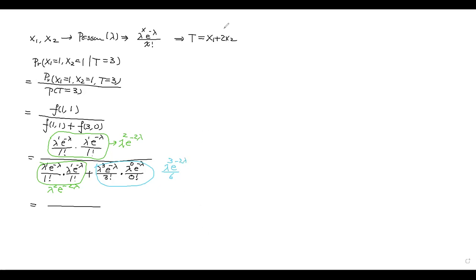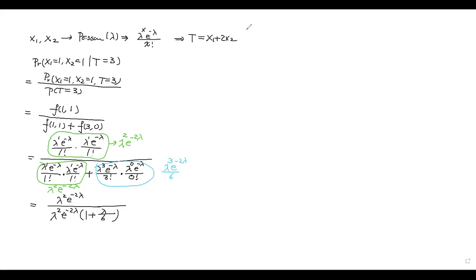Now we can simplify, because all the terms in both numerator and denominator have lambda squared e to the negative 2 lambda, so I can factor these out. When I factor this out, the first part will be 1 plus, and for the other term I factor out lambda squared, so I will have lambda over 6.